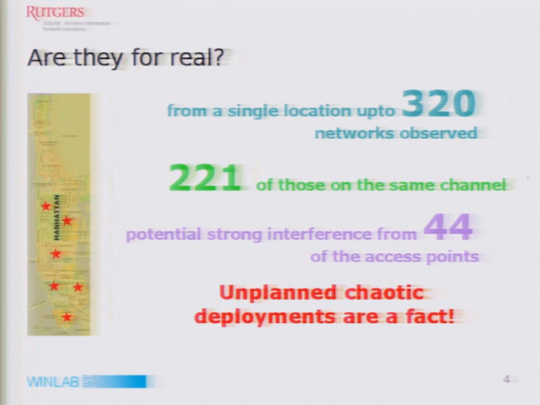I won't go into details of how we categorize the strong access points and interferers, but if you're interested, I can tell you more offline. We can easily categorize at least over 40 of them as strong potential interferers. They have the traffic to feed their clients, and they will interfere strongly based on the RSSI you can see from the point where we were observing them.